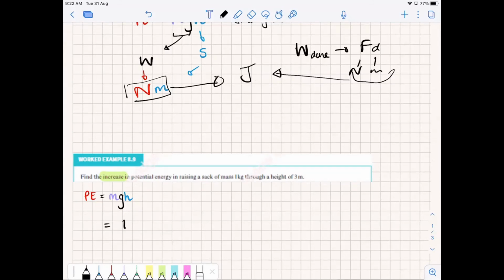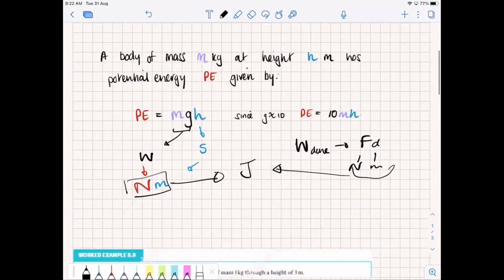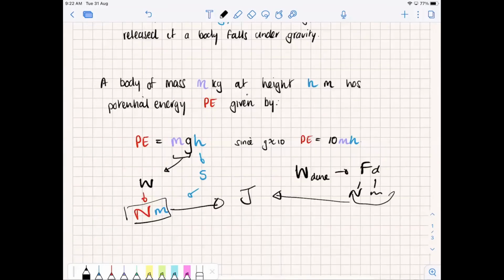Oh, actually, before we go into this, I just want to go back to here. In your textbook, they've told you that you can calculate potential energy as mgh. For you physics guys, I'm going to caution you to stay away from that, because you use a different gravitational constant.